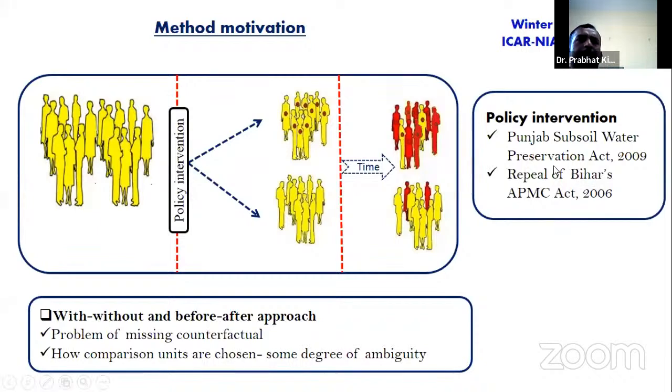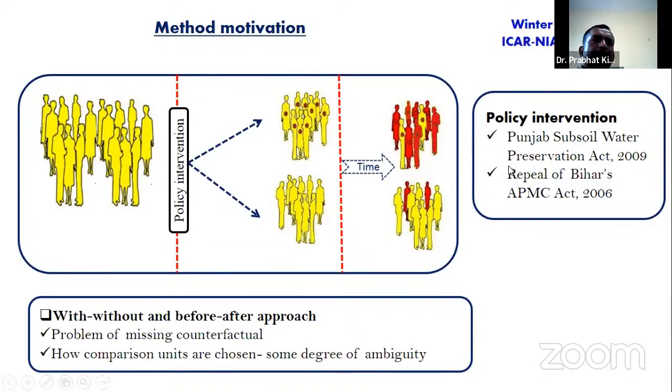Similarly, there was the repeal of the Bihar APMC Act in 2006. The Bihar government repealed the existing APMC Act, which was brought in in 1960, with the intention that it will open up the market and a lot of private investment will come into the mandis.